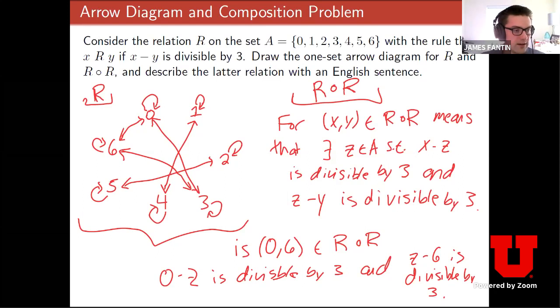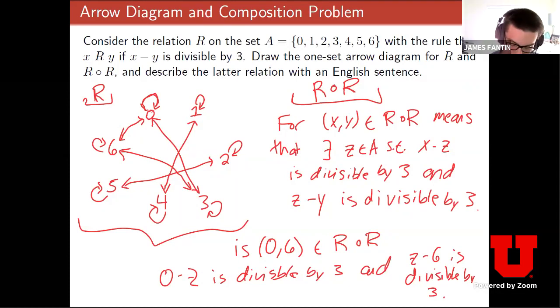Yeah, so somebody says 0 works. There are plenty of other values too. For any such value, if you think about following this relation R, this relation is just mapping values that are divisible by 3 to other values that are divisible by 3. So we could map 0 to 0, and then 0 can go to 6 in the composition.